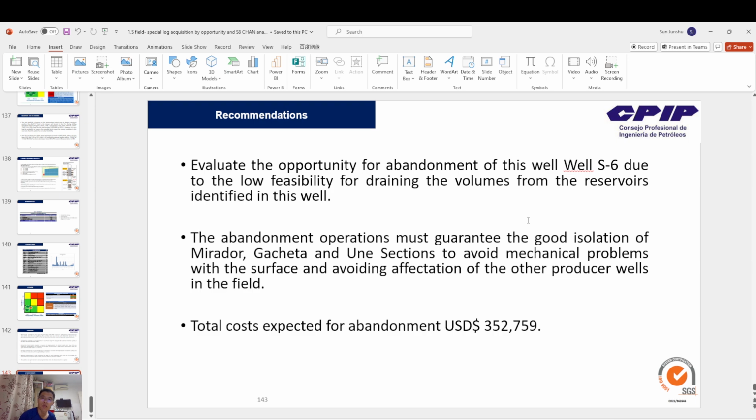The abandonment options must guarantee good isolation of Mirador, Gajita, and Wuni sections to avoid mechanical problems with surface and avoid affecting the other producer wells in the field. Total cost expected for abandonment around $352,000 US.